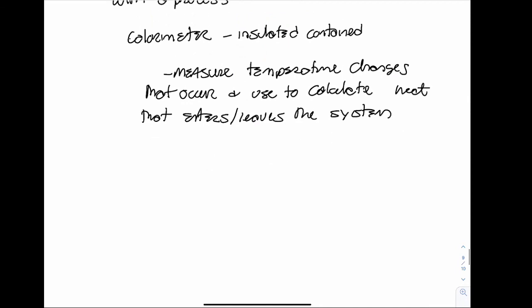A couple new terms I said I would define. One is heat capacity. The typical abbreviation for heat capacity is a lowercase c. And heat capacity is defined as the amount of heat required to raise the temperature of an object by a given amount.